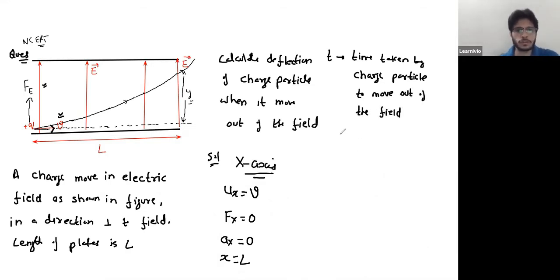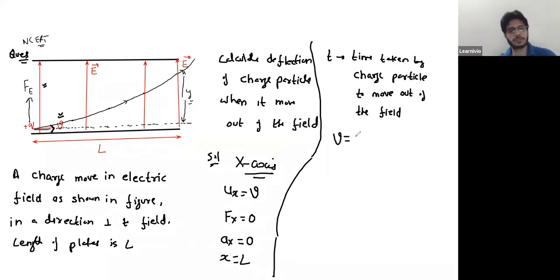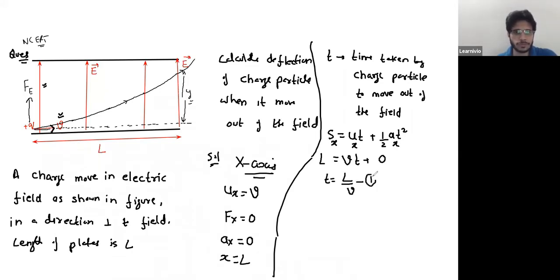We can use the equation S = ut + half a t squared. Substituting the values, the displacement is L, the initial velocity is v, time is t, and the acceleration is 0. Sx, ux, ax: the subscript x simply shows that things are along the x-axis. So the value of t is L by v. That is equation number 1.